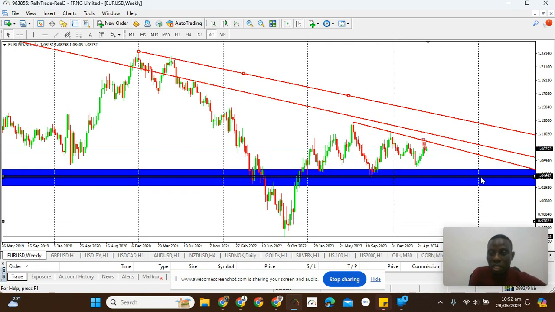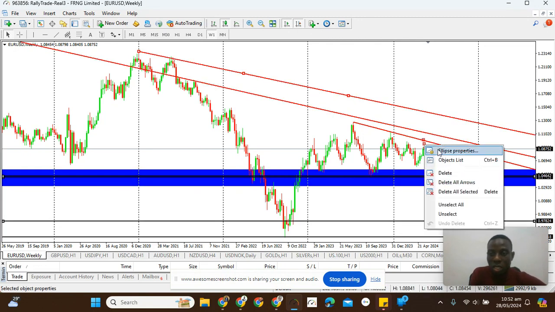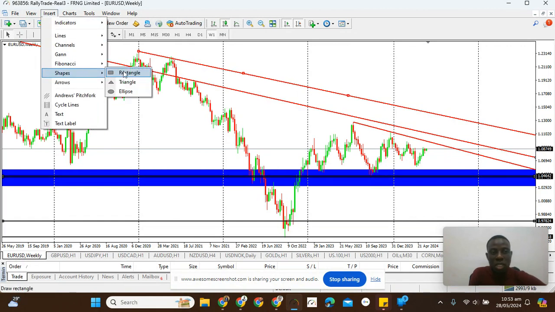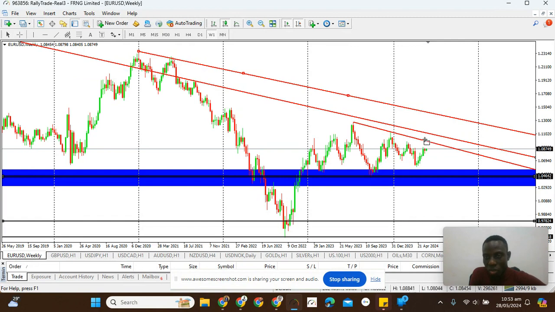There's tendency price is going to pull up to this point here, so I'm going to use my rectangle to highlight this point.